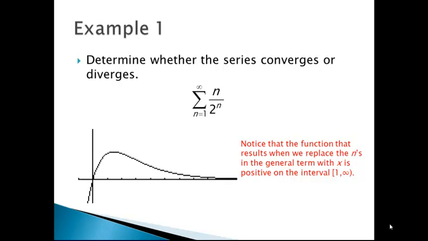If you look at the function that results when you replace the n's with x's, x over 2 to the x power, we notice that this function is positive on the interval from 1 to infinity. Generally, a graph could give us an idea. Since the function is positive, and since the general term contains a power of n, it might be a good idea to try the ratio test.